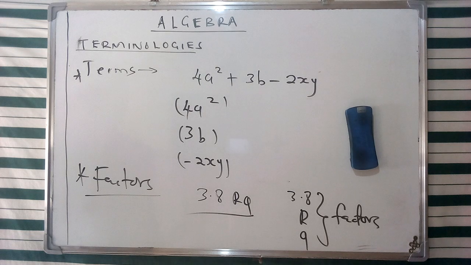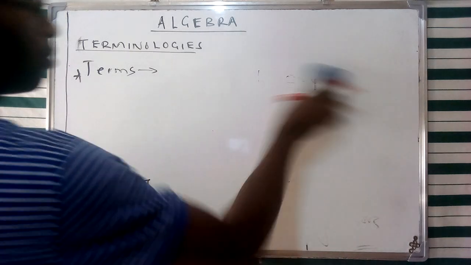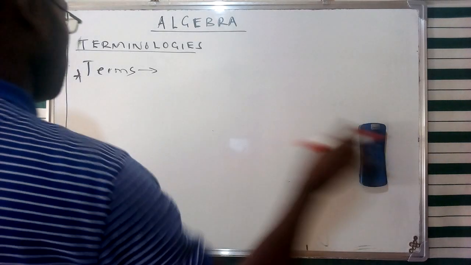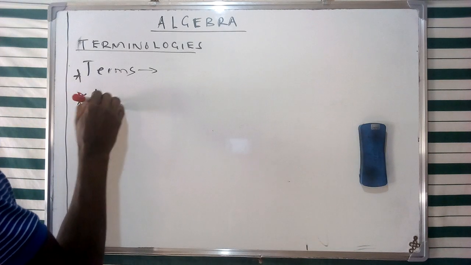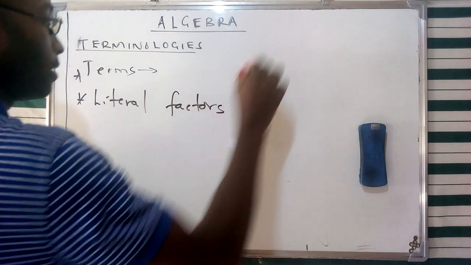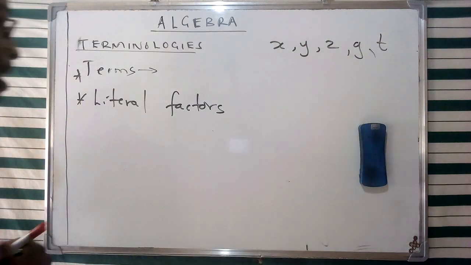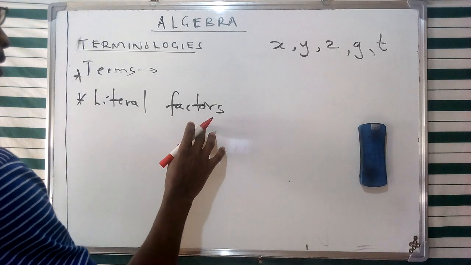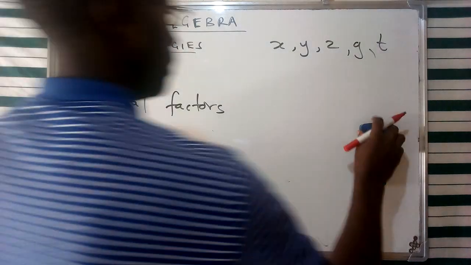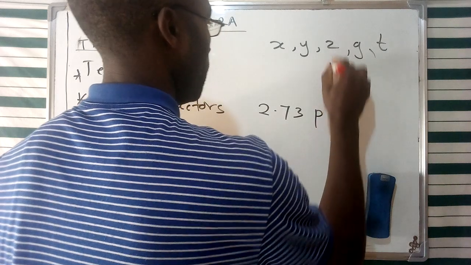And of course, I talked about the literal symbols in our first video, which I said are letters which represent unknown real numbers. I said that we can represent literal symbols using specific letters, which can be any of the letters that we use. And literal factors, contrary to literal symbols, constitute part of an algebraic expression, made up of these specific letters that I've mentioned.